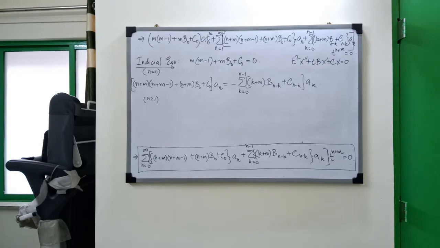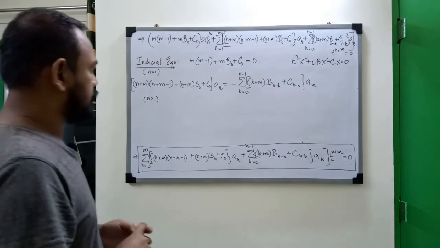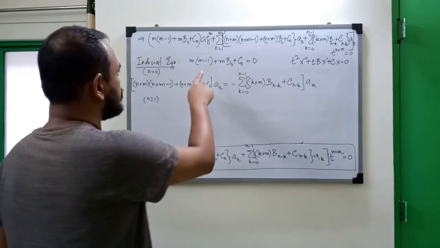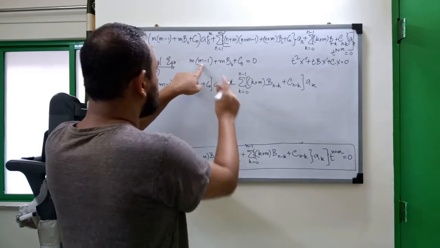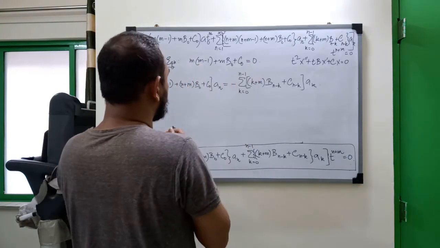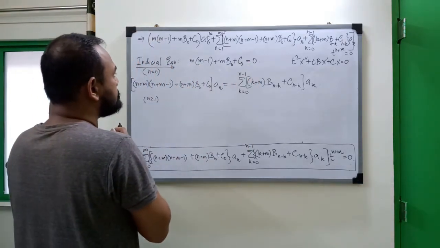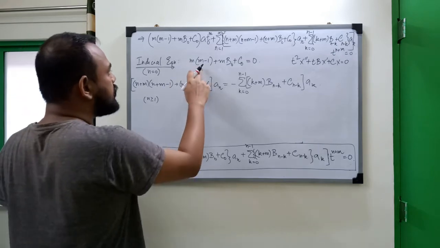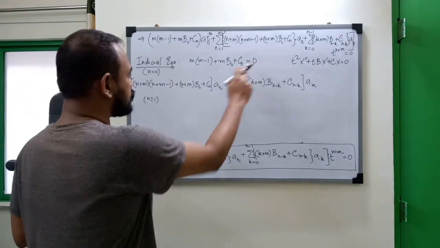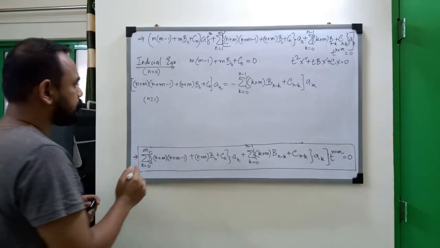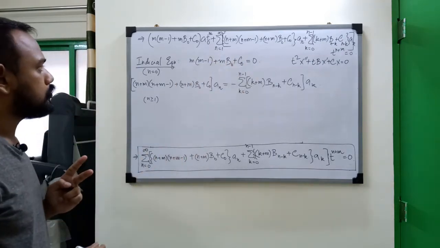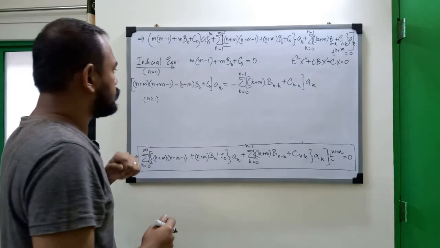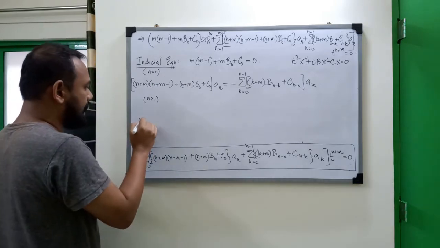The only thing to note here is that if m is a solution of this quadratic equation, this quadratic equation will have two roots. One of them I call m.